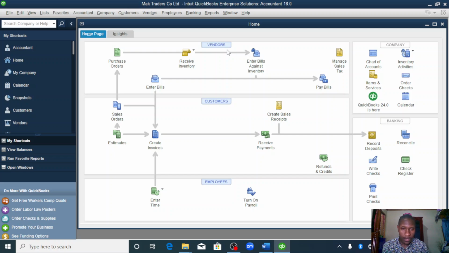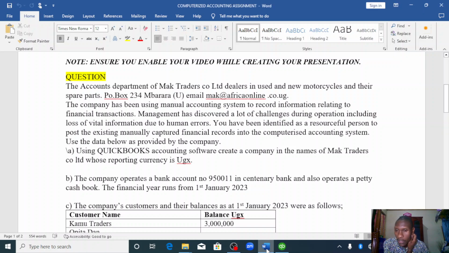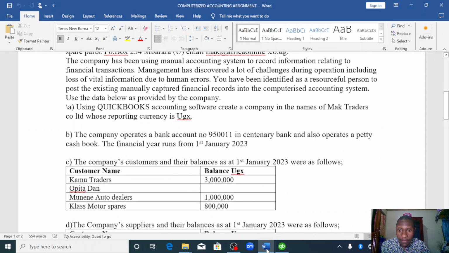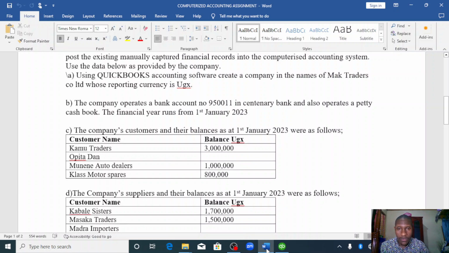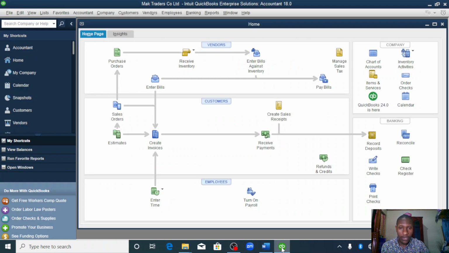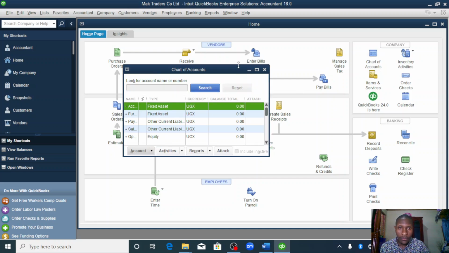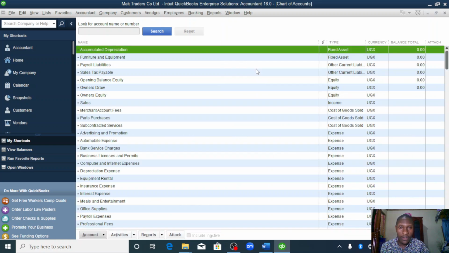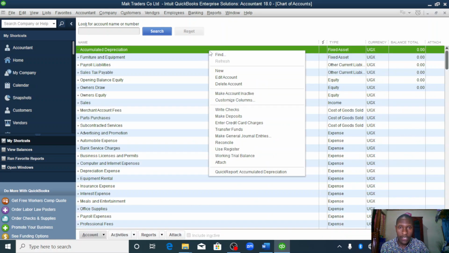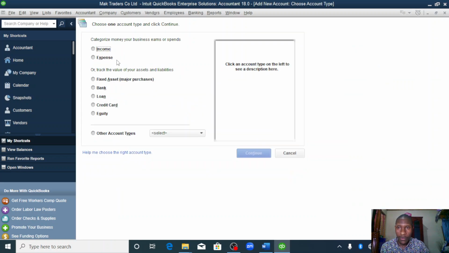So question B, they are telling us that the company operates a bank account number in Centenary Bank, and also operates a petty cash book. So we need to open our accounts. You go to chart of accounts, maximize, we right click, we go to new, bank.